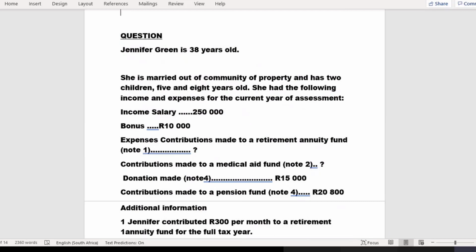Jennifer is 38 years of age and she's married out of community of property and has 2 children, 5 and 8 years old. She had the following incomes and expenses for the current year of assessment. We dealt with that part of her incomes, and let's look at how the contributions work. We had contributions made to the medical aid fund. Let's go to note 2.